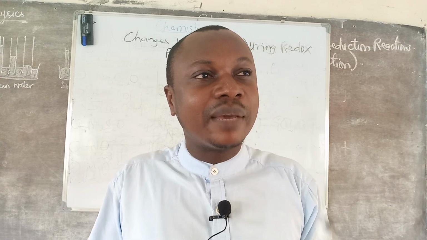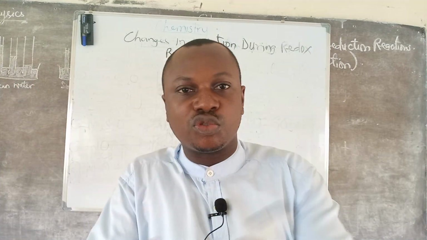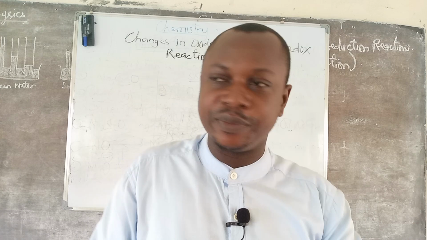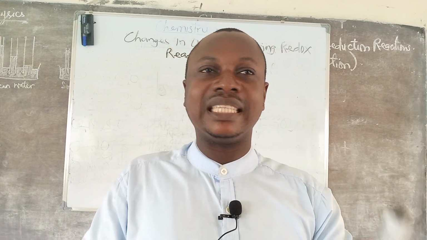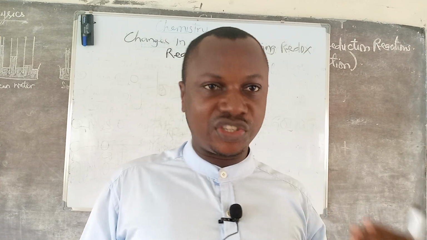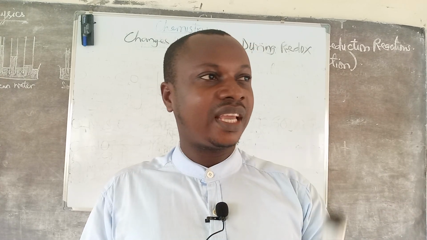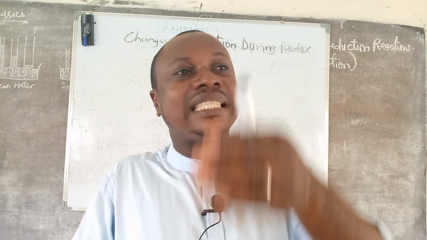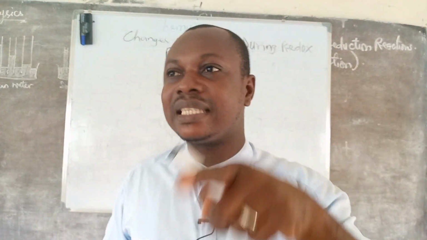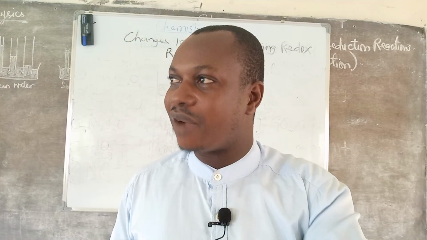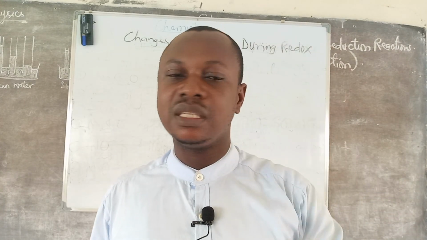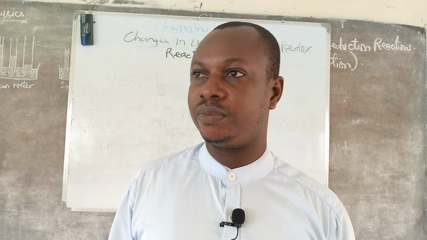If you see a substance, remember, always start from the reactant and trace it to the product. If there is any change in the oxidation number of those species, mind you that it is either reduced or oxidized. So if you check it, as we are going to see now on the board, and you see that the oxidation number is increasing from the reactant to the product, the substance that you have observed is actually oxidized, which means it actually lost electrons.